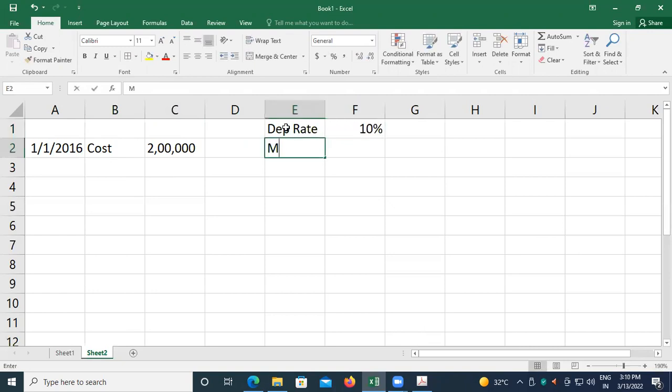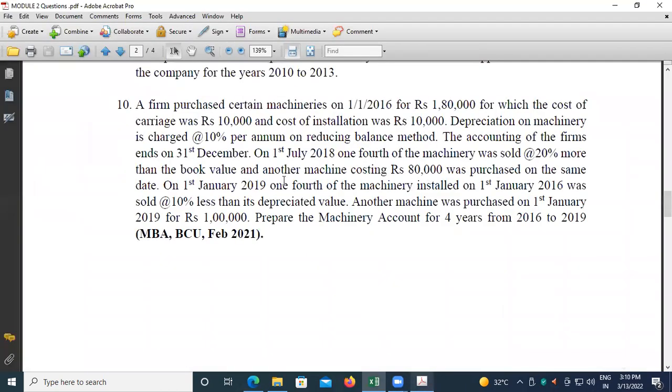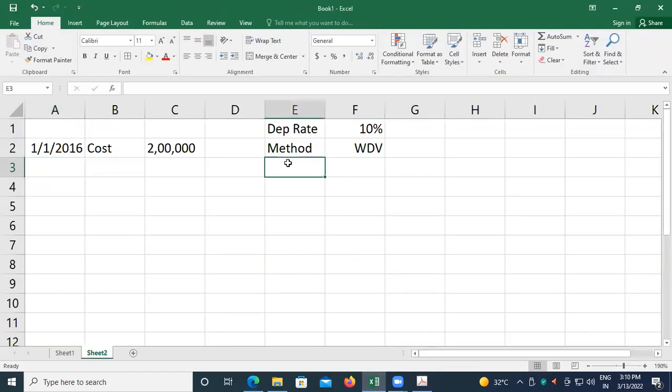And remember, the method of depreciation is the WDV method, written down value method. Next, let us go to the question and check what they are asking. The accounting year of the firm ends on 31st of December, so January to December is the year they are following for the calculation.